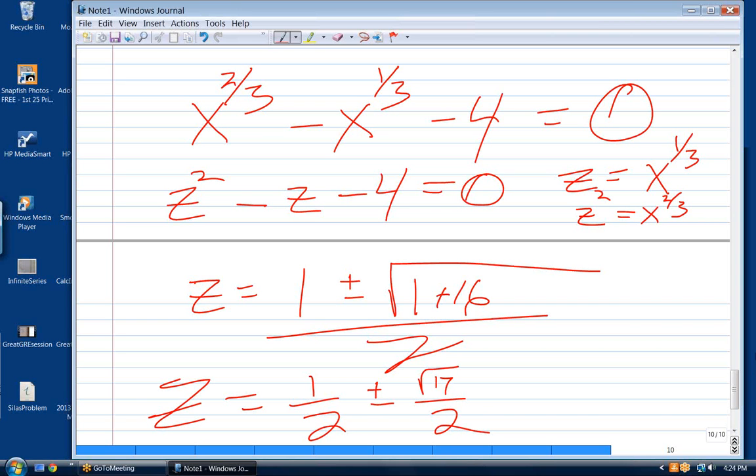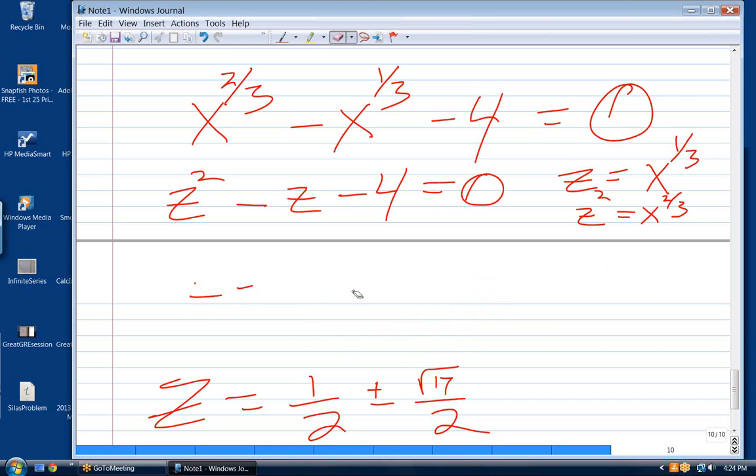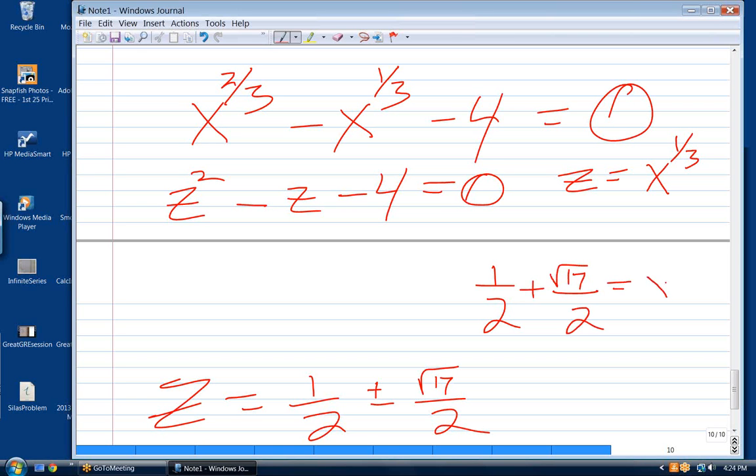Now what is X equal to? Well, let's start with this equation right here and fill in for Z. So there's the first Z, and then the second is the same thing with minus.